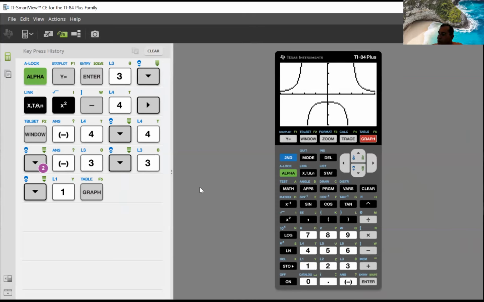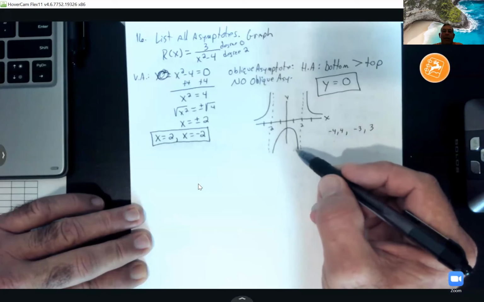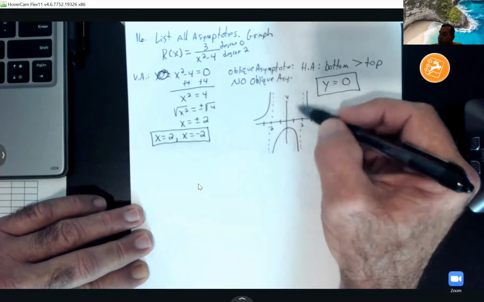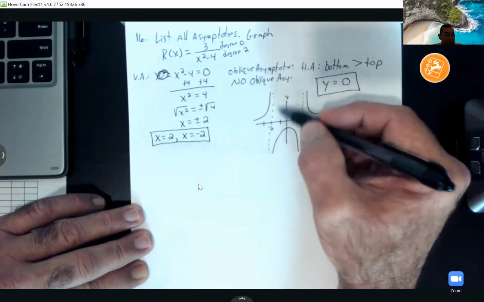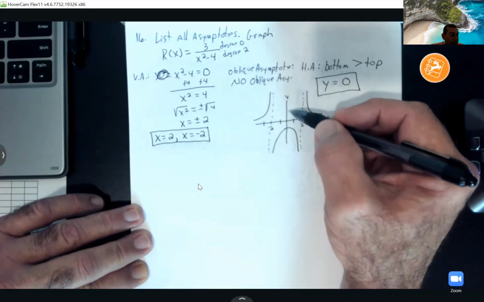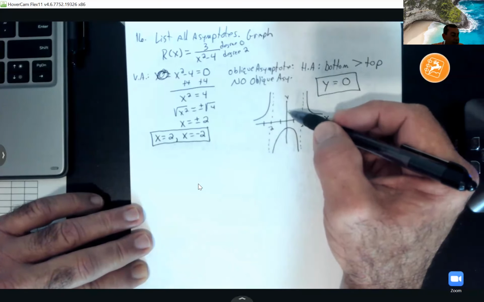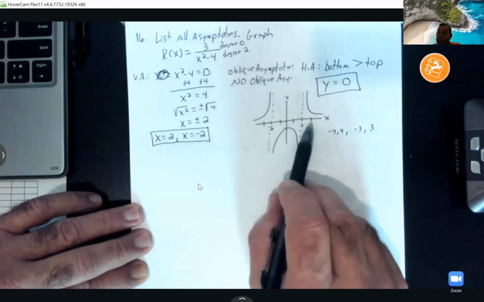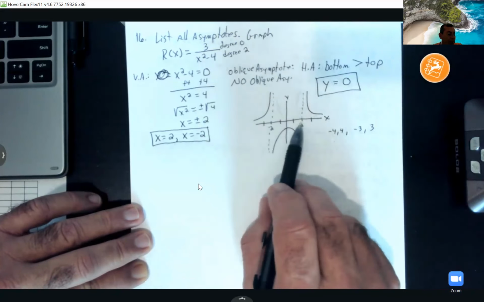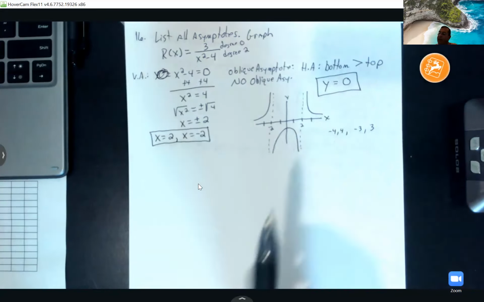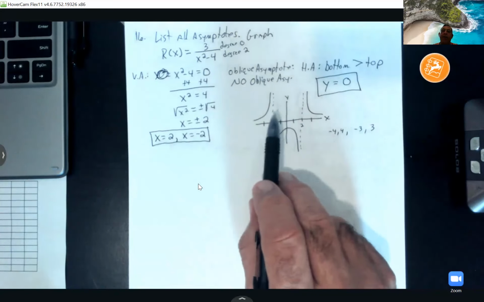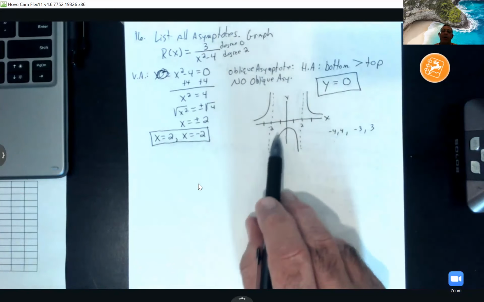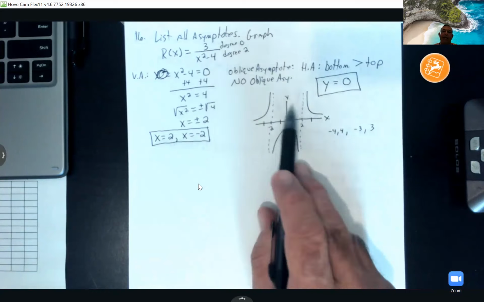So we want the one where it's sort of upside down in the center. Now what they'll do, they'll make one where it's right side up. And then I've seen them where they change the asymptotes up. Okay, so watch really careful. Make sure you got both asymptotes and you're shaped right in that center part, okay?